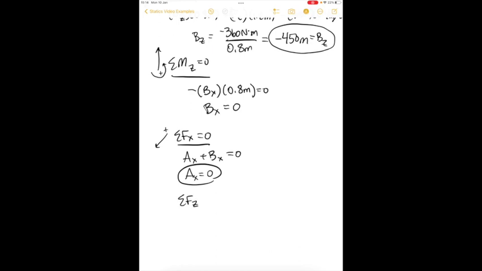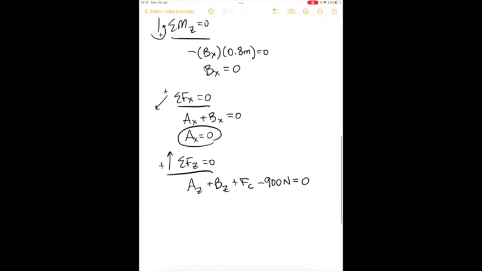Finally, we can do the sum of the forces in the z direction. So in the z direction, we have AZ, we have BZ, we have FC, and we have our 900 Newton force acting downwards, so that one's negative. So we can solve for AZ, again using our negative value.